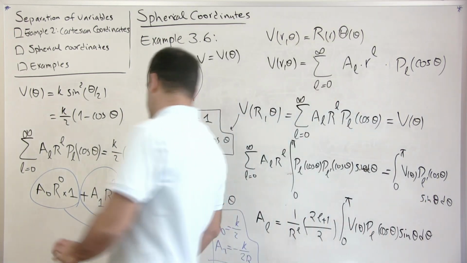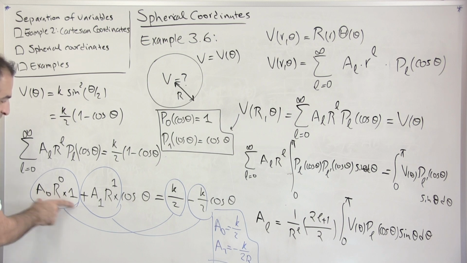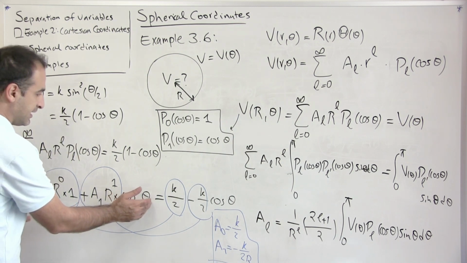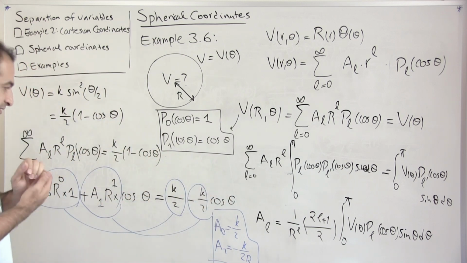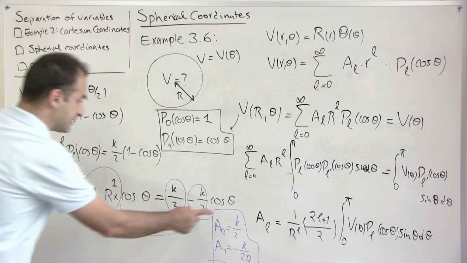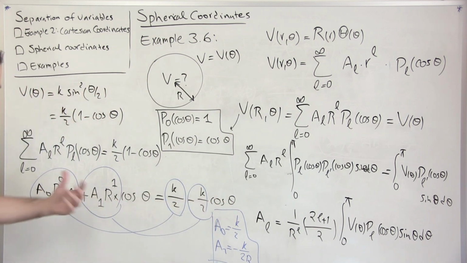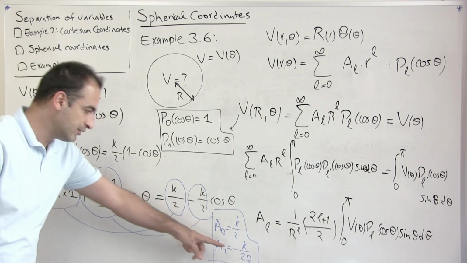So what I have here is that I just expanded this and wrote the zeroth term and the first term. And I ignored the rest of the terms because I knew that they are not going to be useful. I expanded this and compared it with what I have on the right-hand side, which is the potential on the surface. And just by comparing the coefficients of cosine theta and the other term, I could say, okay, A0 must be k/2, and A1 must be negative k/2 over r.